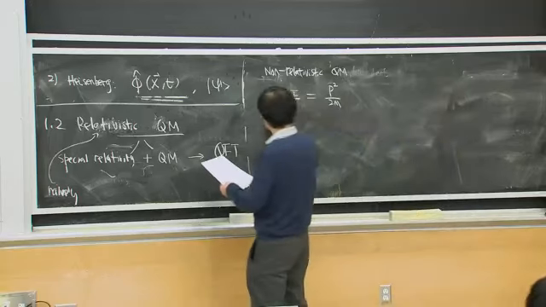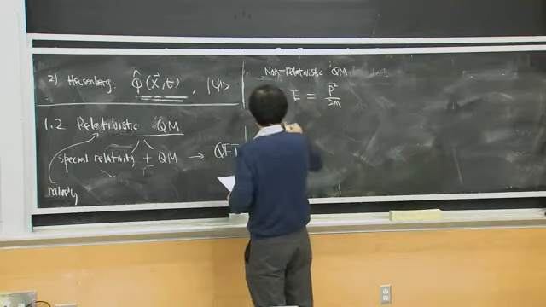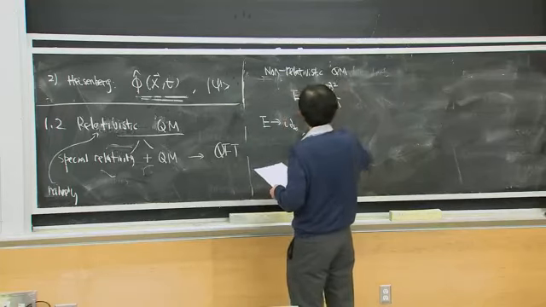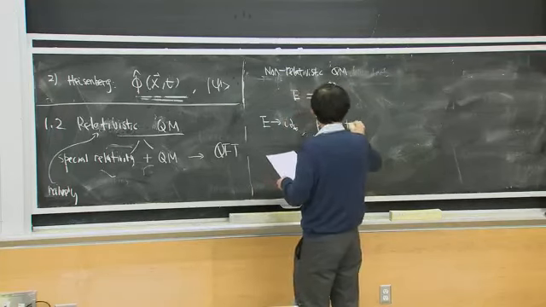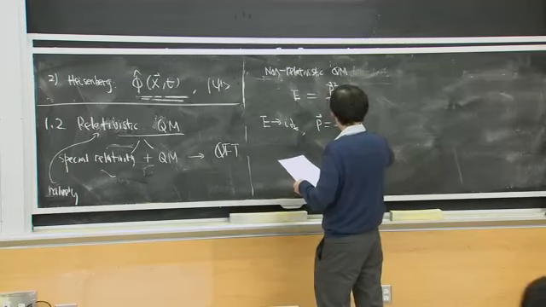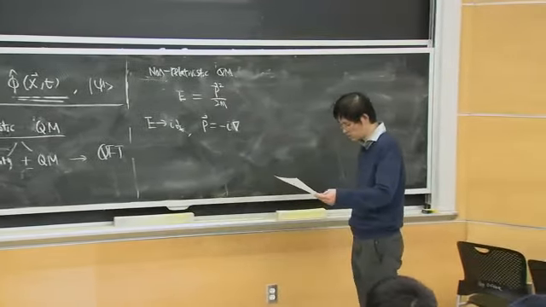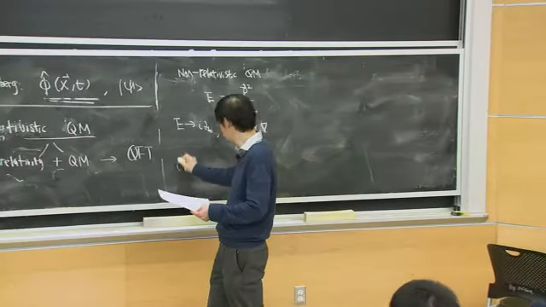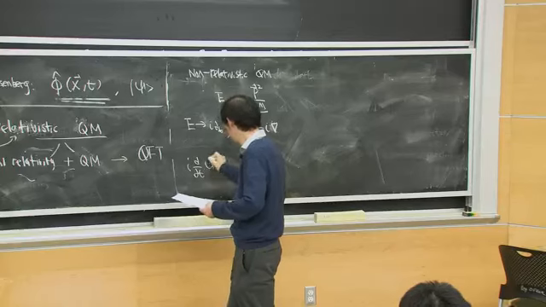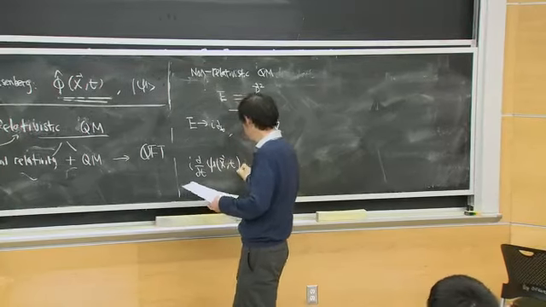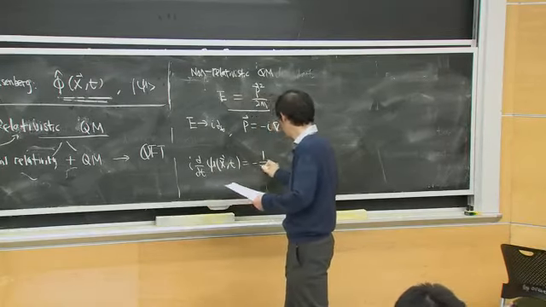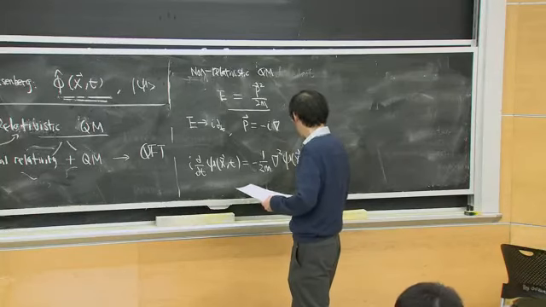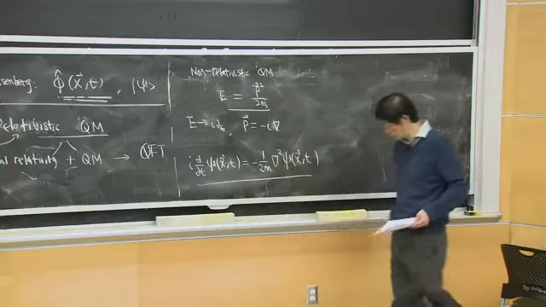And then we say let's take E to i partial t, and p, forget about h bar, then becomes spatial derivatives, and this equation just becomes the Schrödinger equation for free non-relativistic particles.